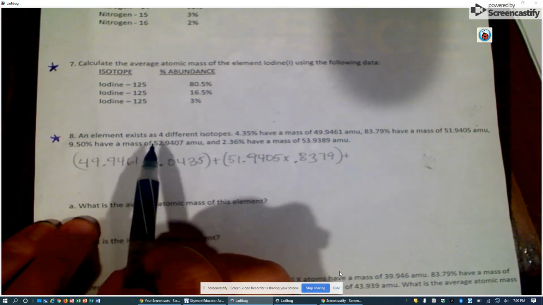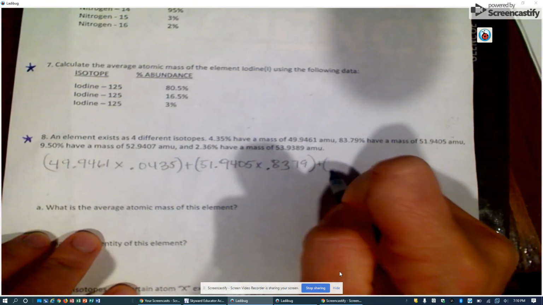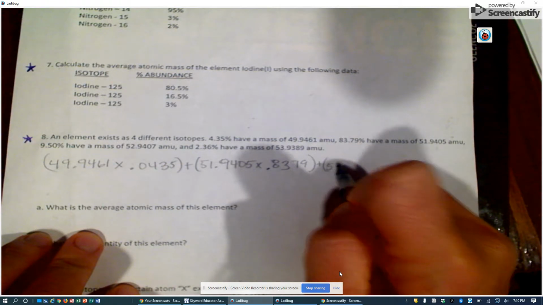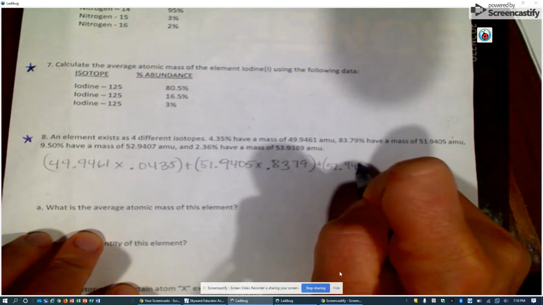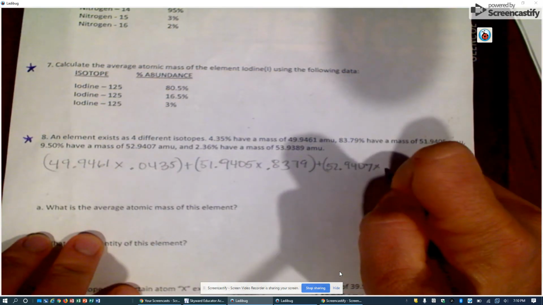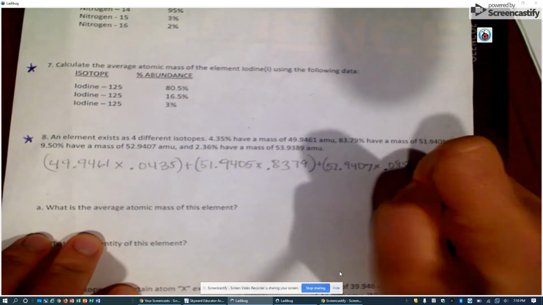Then we add the next one. We have 52.9407. So 52.9407 times 0.095.